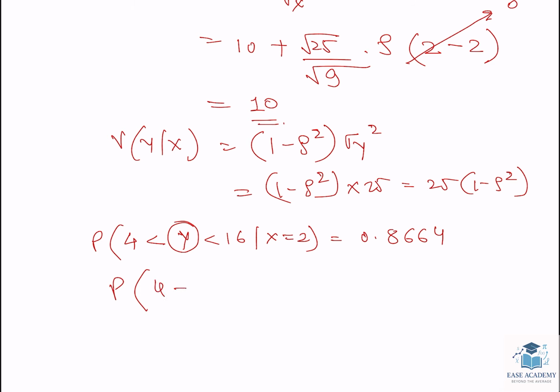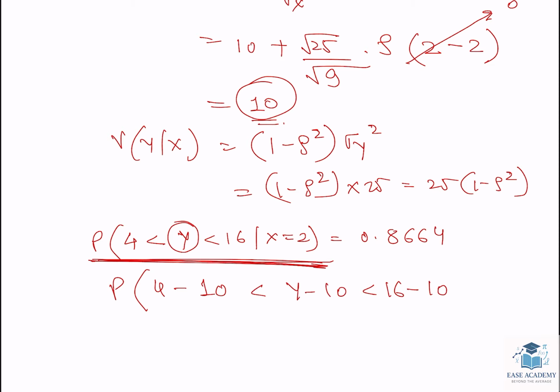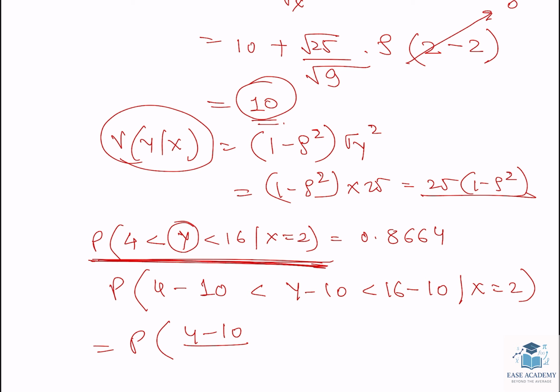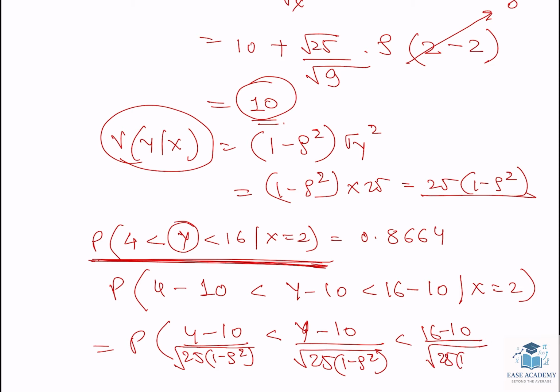Now let us standardize by its mean and variance. This is a probability of Y given X. The mean of Y given X is 10, so the probability of 4 minus 10 divided by the standard deviation, root of 25 (1 minus rho squared), less than (Y minus 10) divided by root of 25 (1 minus rho squared), less than 16 minus 10 divided by root of 25 (1 minus rho squared), given X equal to 2.